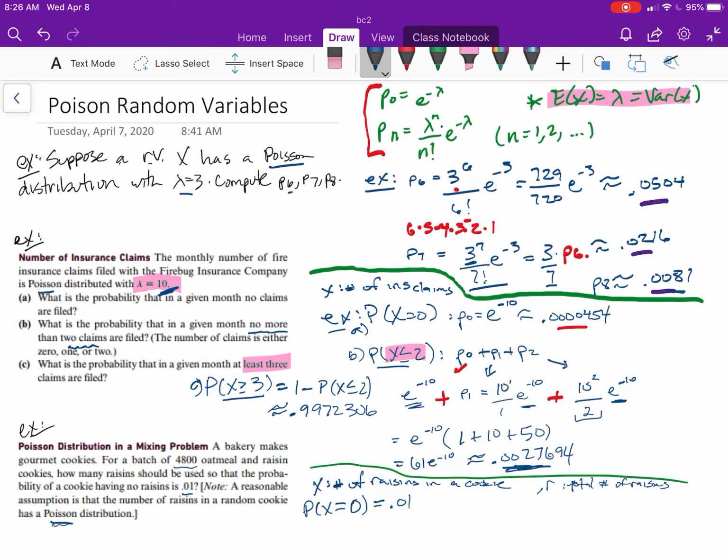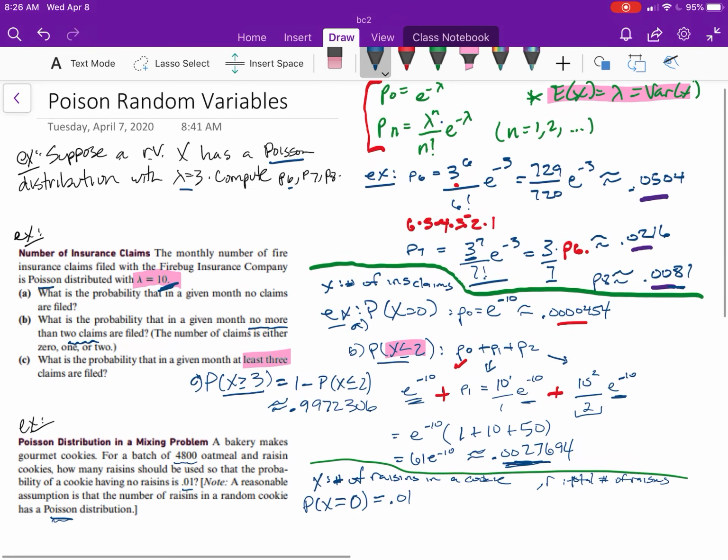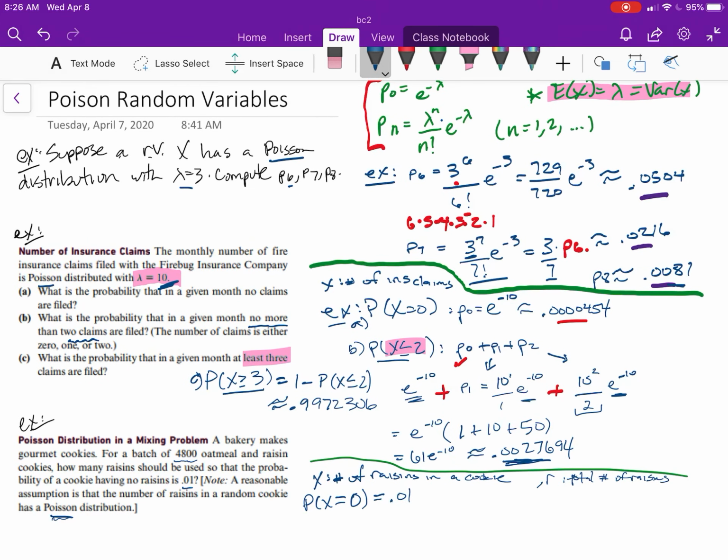Okay. This one took me a bit to work out. But here's the idea. The mean, let's switch colors here. The mean is this number of raisins, right? Let's say 1,000,000 raisins, and I'm going to split it up to those 4,800 cookies, right?